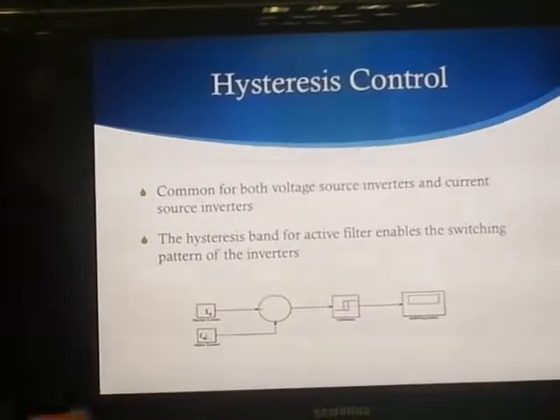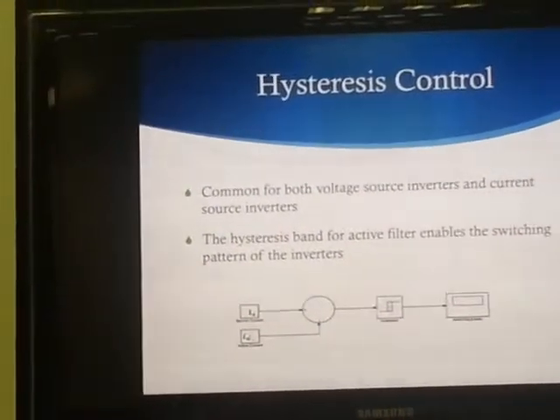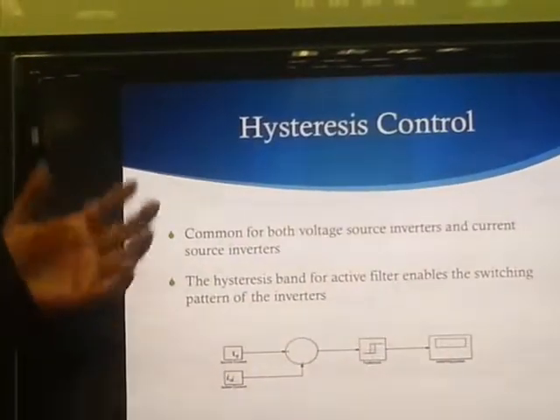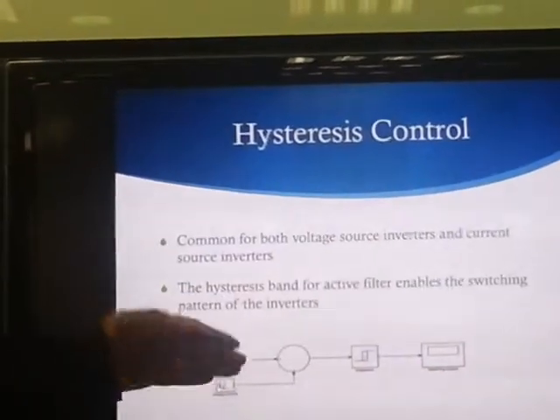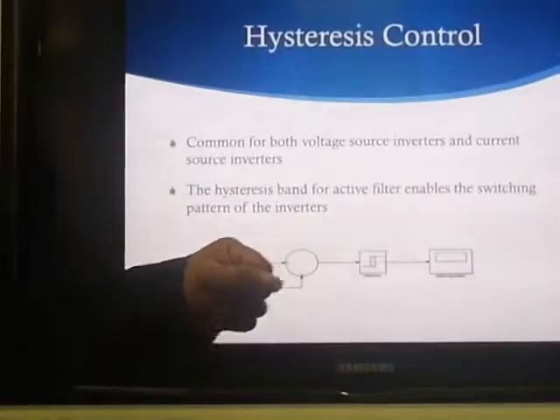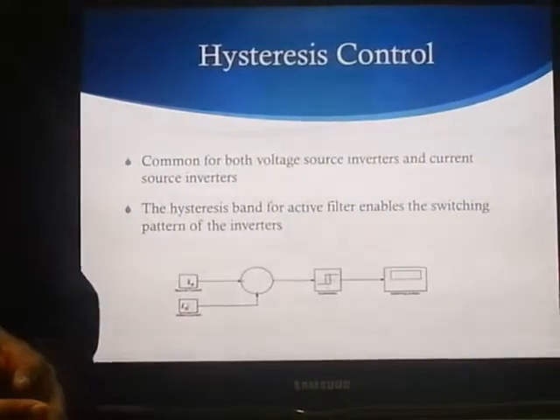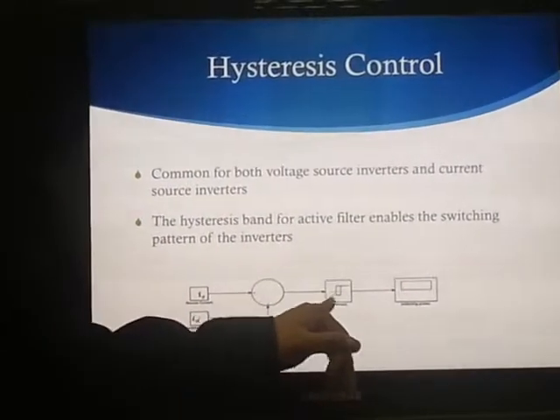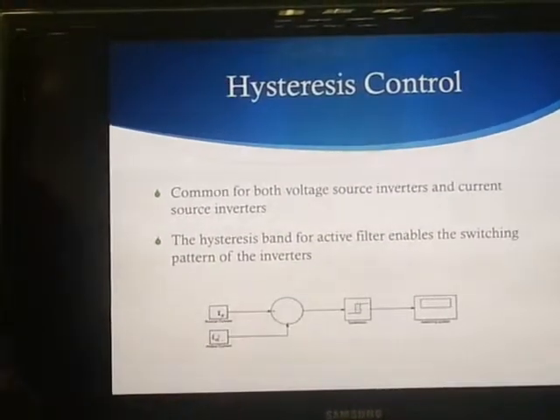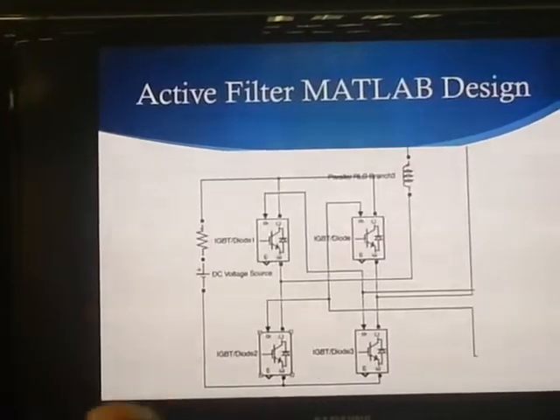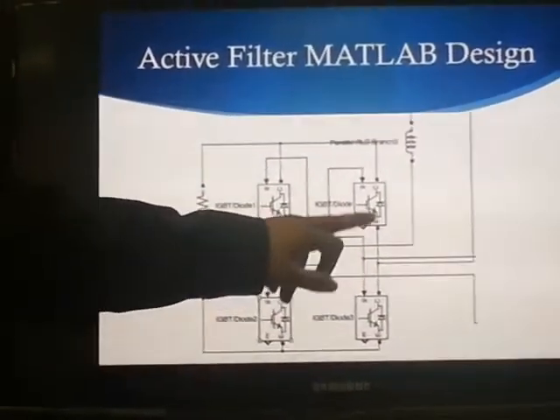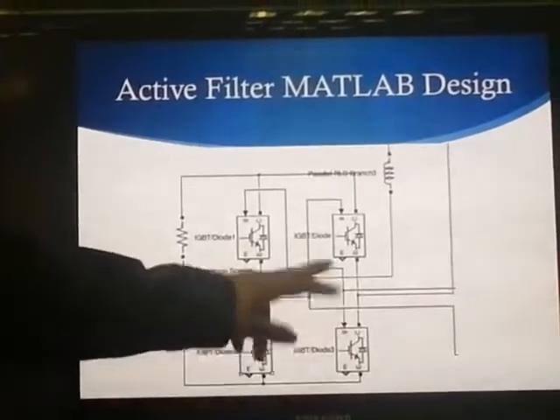current control method. The hysteresis current control method compares the current from the main supply and the active current from the main system. It compares those currents, it goes through the hysteresis relay, and the output has 2 outputs, and those 2 outputs are used as the switching gates for these diodes.